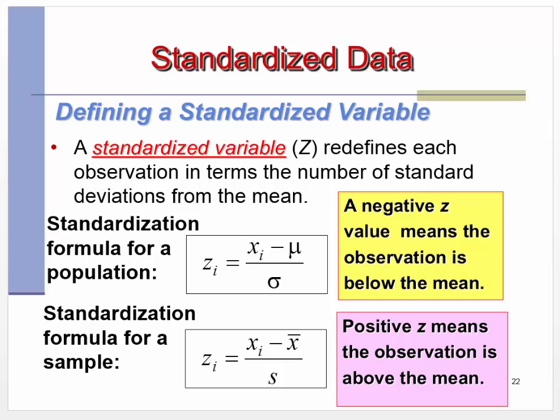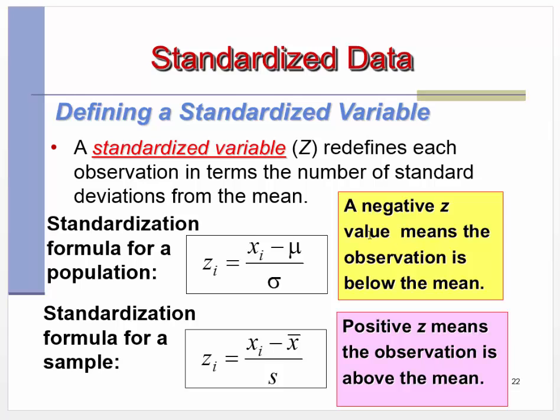The reason we standardize is that even for a group of observations that follows a normal distribution, the bell curve could be skinny and tall or low and fat. In order to use a table to simplify the process of calculating, we need to standardize the data.